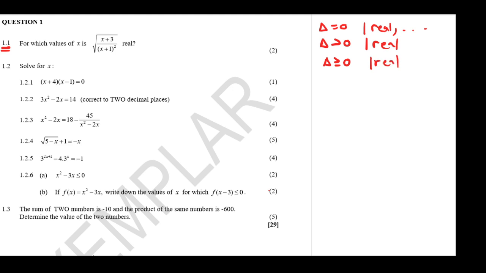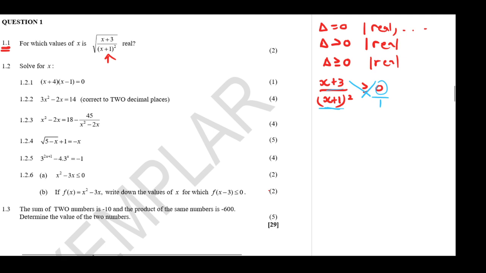It is real. So then you're going to put everything that is inside the square root of this problem here, which is x plus 3 all over x plus 1 to the power 2, greater than or equal to 0, right? And then from here, you're just going to cross multiply. What's at the bottom will multiply the 0, and this one will multiply over 1.